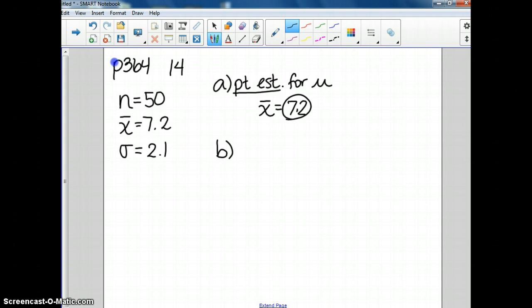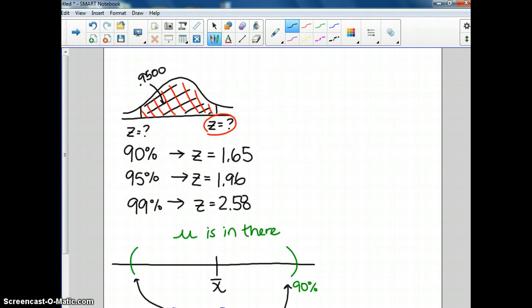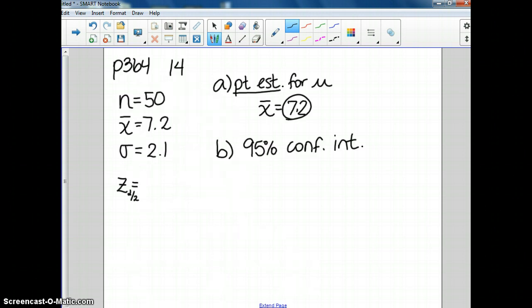In part B, it wants a 95% confidence interval for the mean. The things we need to know. The only thing up here that we don't have that we need is our z-score, our z sub alpha over 2. If we have a 95% confidence interval, from the little box in our book or from the arithmetic that we could do on our own, we will find out that we use the z-score of 1.96.